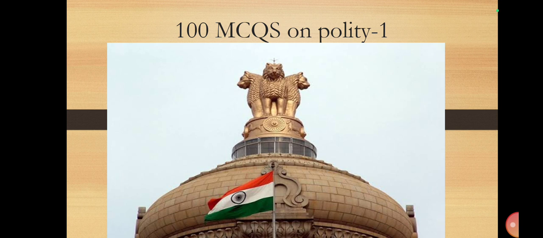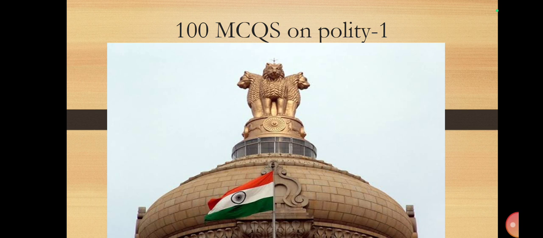Question number 67. The Comptroller and Auditor General of India is appointed by the President of India by a warrant under his hand and seal, but it is not a multi-member body. The CAG holds office for a period of 6 years or up to the age of 65, whichever is earlier. Article 149 of the Constitution authorizes the Parliament to prescribe the duties and powers of the CAG in relation to the accounts of the Union and of the states and of any other authority or body.